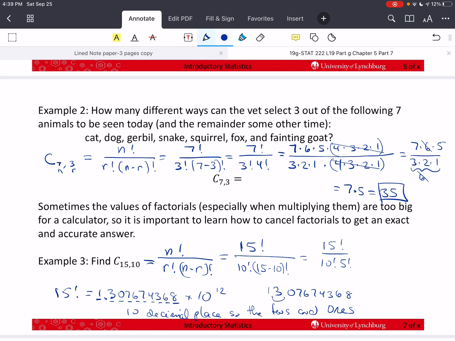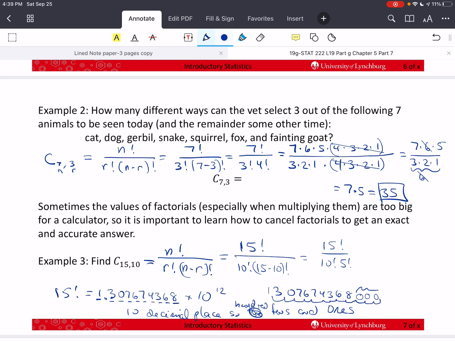So I've got 1, 2, 3, 4, 5, 6, 7, 8, 9, 10, 11, 12. The hundreds, the tens, and the ones have all been rounded to 0 or cut off.